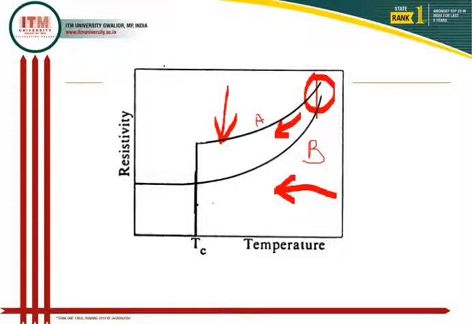Same path means the resistivity is decreasing continuously. A is having high resistance, so resistivity is decreasing, but still the graph is on the top side.